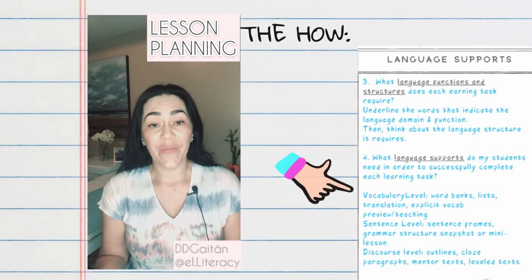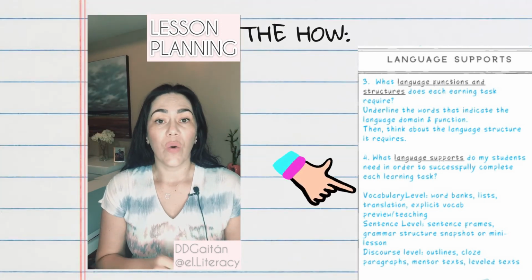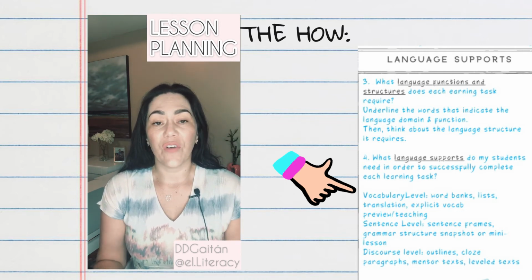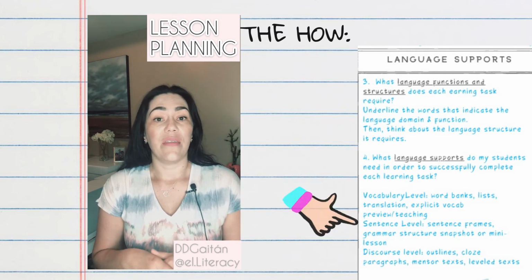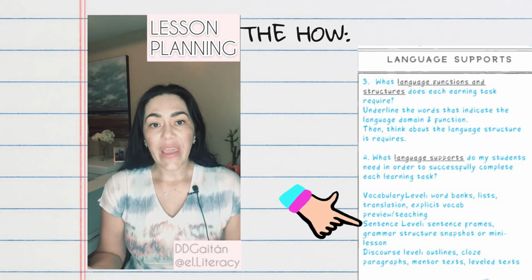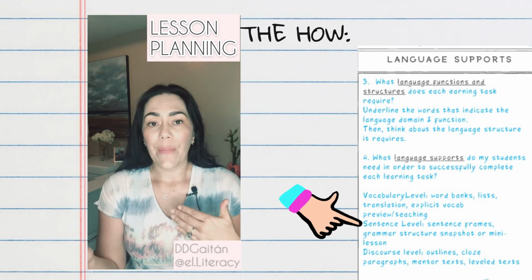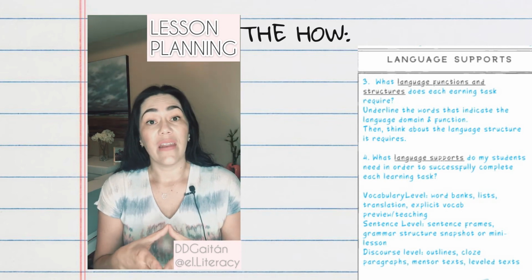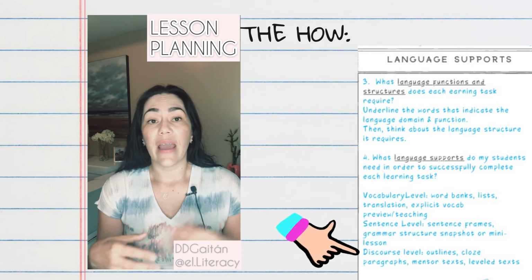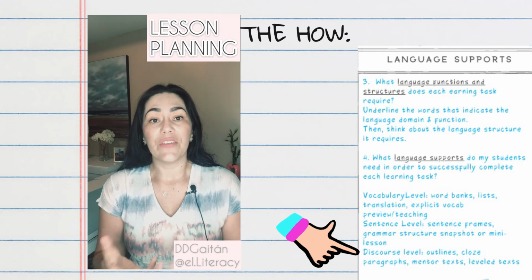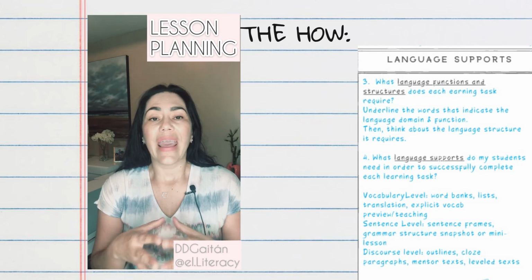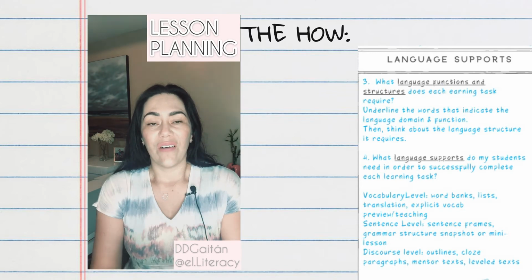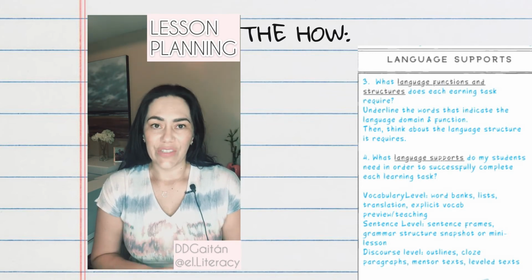For example, at the vocabulary level, word banks, word lists, translations, explicit vocabulary teaching. At the sentence level, sentence frames, a grammar structure snapshot or mini lesson, and then at the discourse level, things like outlines, cloze paragraphs, mentor texts, leveled texts, anything that will help my students carry out the learning task successfully.